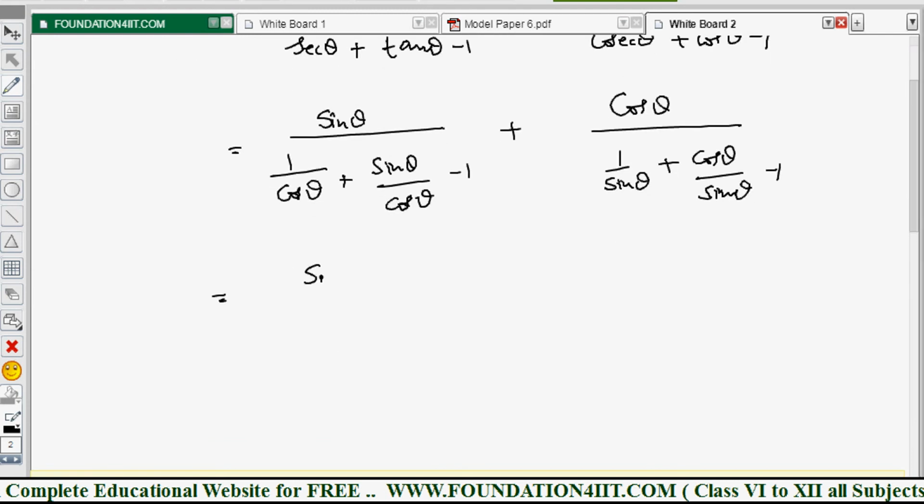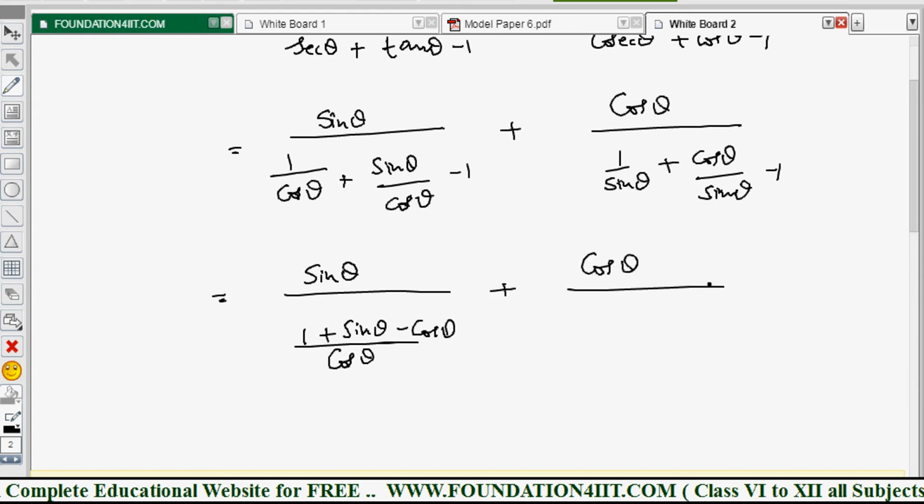That is sin theta by cos theta is the LCM, that is 1 plus sin theta minus cos theta. Plus here also the same, cos theta is the numerator and sin theta is the LCM for the denominator, that is 1 plus cos theta minus sin theta.